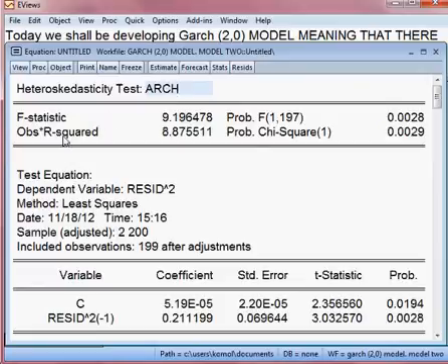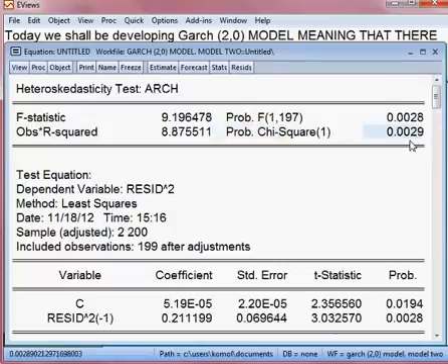The ARCH test is here. Observed R squared, p value. How much is it? It is less than 5%. The p value is less than 5%, meaning that we can reject the null hypothesis. What is the null hypothesis? That there is no ARCH effect.